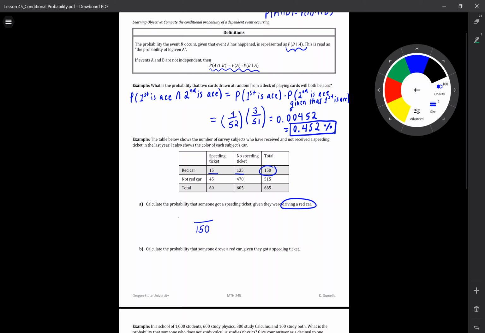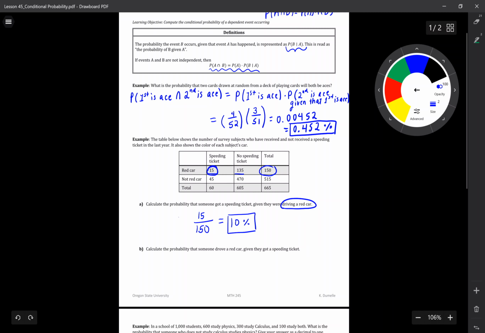What about how many of them got a speeding ticket? Well, that is 15. So there are 15 people who got a speeding ticket and are driving a red car. So this is 10%. Again, this 150 is the total number of red cars, and this 15 is the number of speeding tickets given that they were driving a red car.